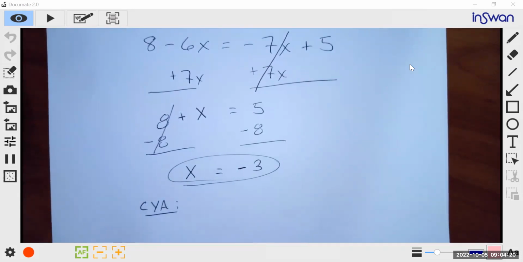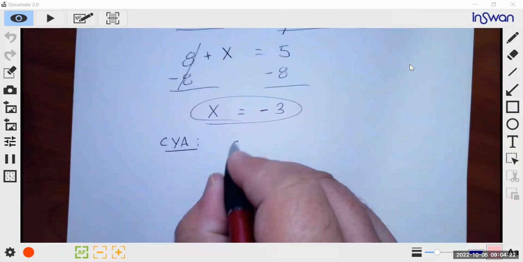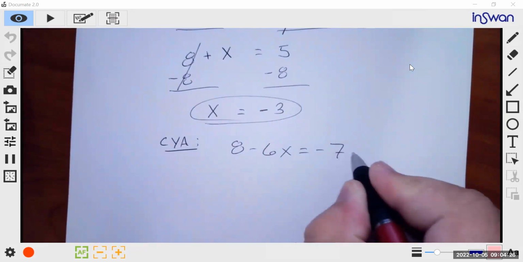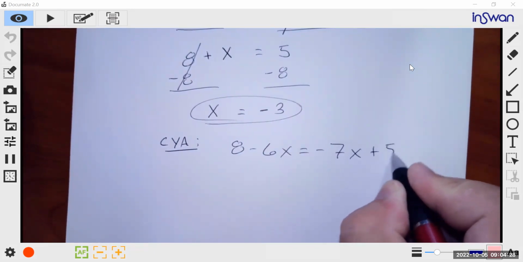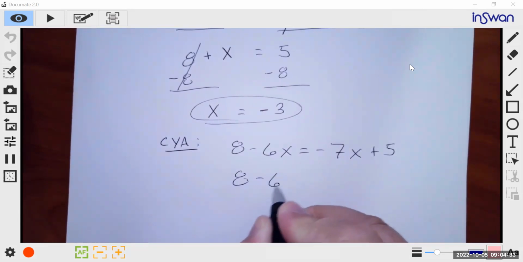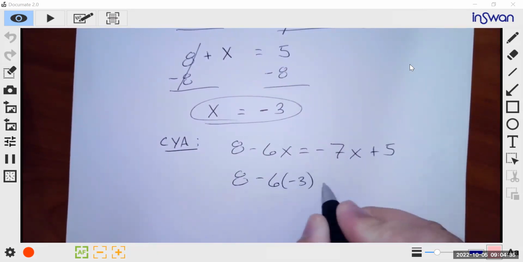Always, always, always check your answer. So wherever I see an x, I put a negative 3.